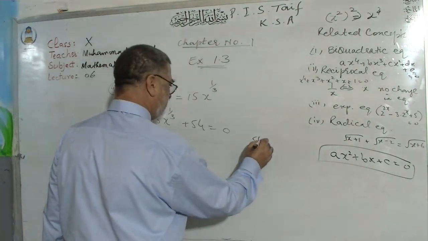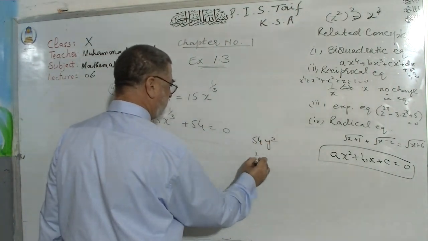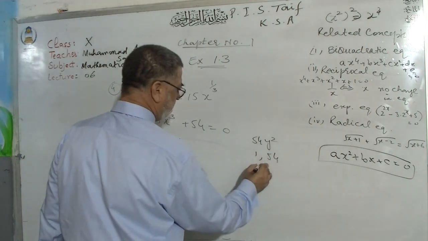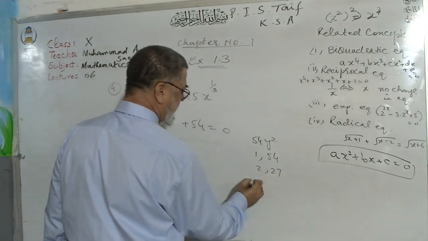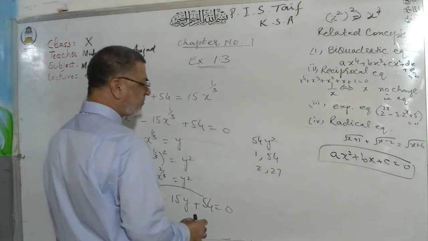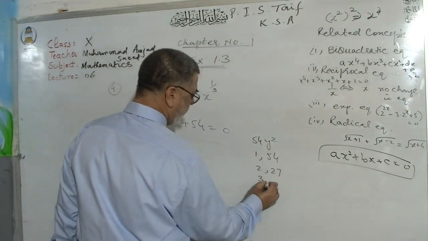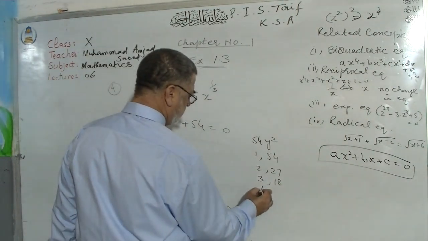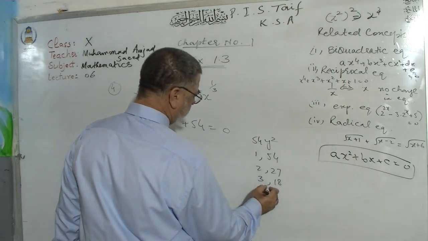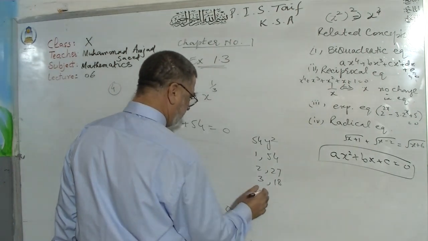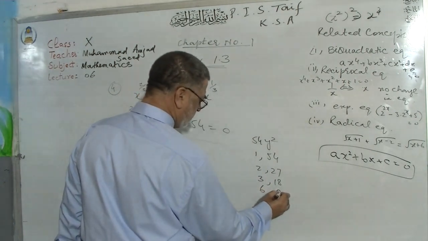Here is 54y square: 1 and 54, 2 and 27, 3 and 18, 6 and 9.